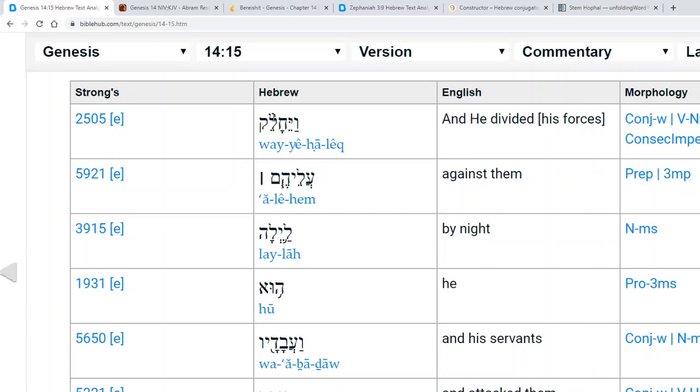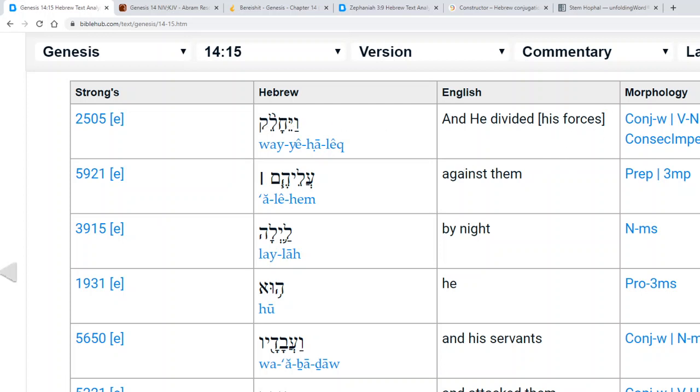I guess literally it means to make straight or pieces, right? We say chalek, right? A piece, a portion, right? And he portioned, right? He divided. Alehem. So he divided his forces against them.